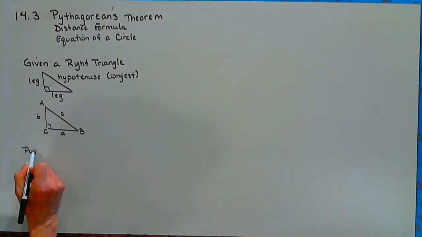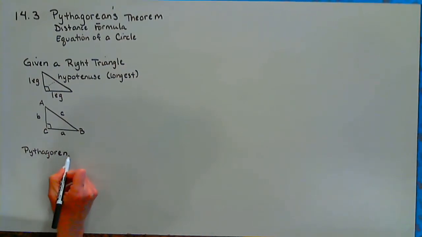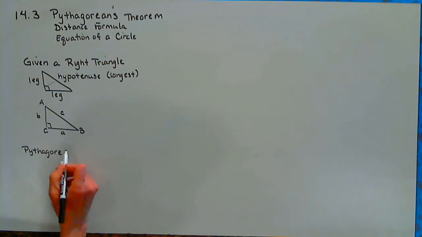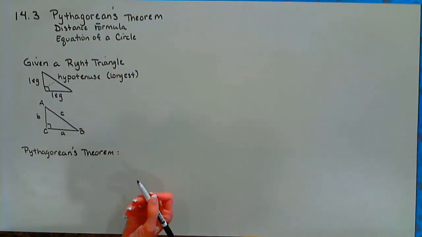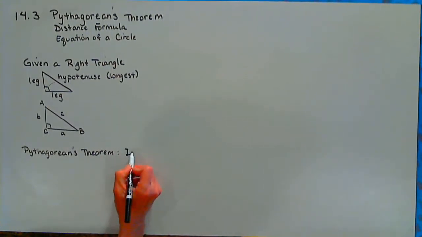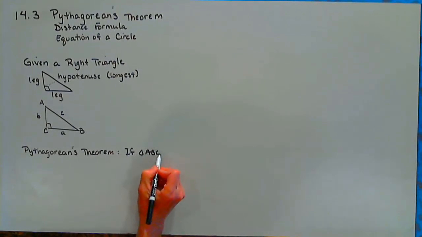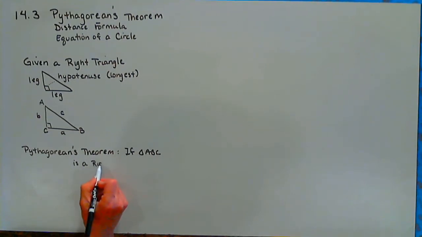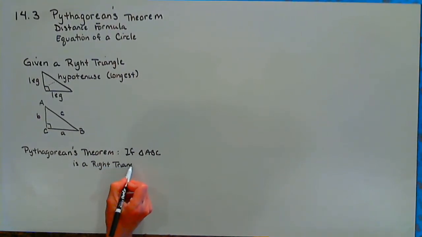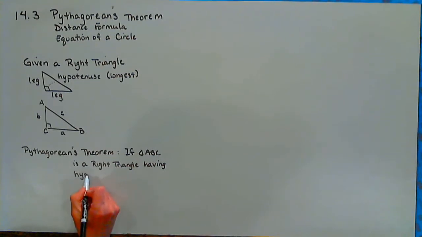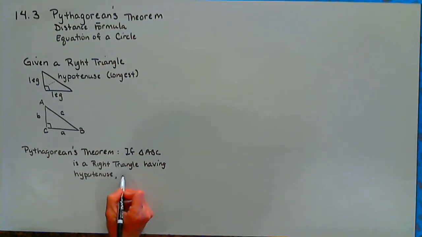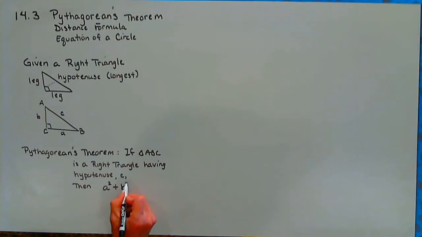Then Pythagorean's theorem, named after Pythagoras, states that if triangle ABC is a right triangle, having a hypotenuse of c, then the sum of the squares of the sides, a squared plus b squared, must equal the hypotenuse squared.